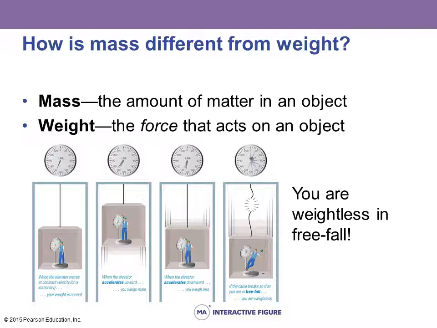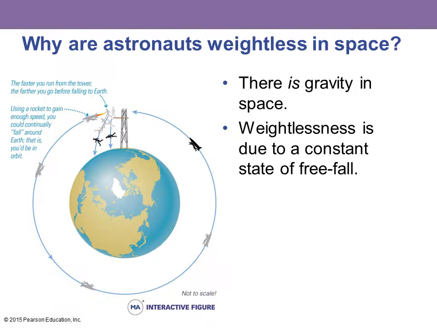And on the far right, if the elevator's in free fall, in other words, you're falling as fast as the elevator is, that would mean that if you were on that scale, your weight would be 0. You would be weightless. So it's interesting to think about the possibilities. How could you be weightless in an area where you know you have X amount of mass and yet you would weigh nothing?